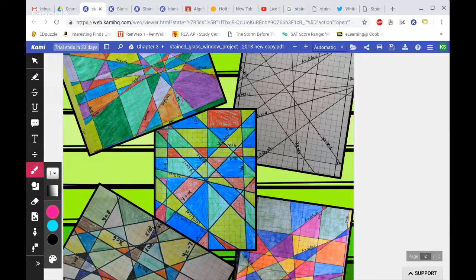You can get all your lines and you can start coloring. Bailey was already coloring yesterday. Oh wow. Because you get 5 bonus points for turning it in tomorrow. It's not due till Monday, but you get 5 bonus points for turning it in tomorrow.